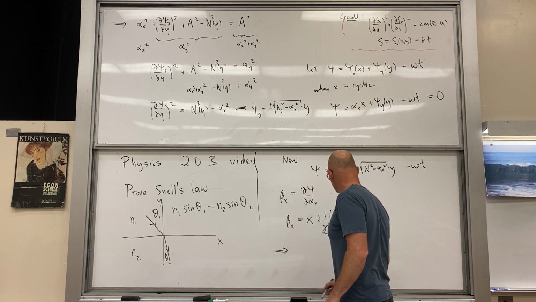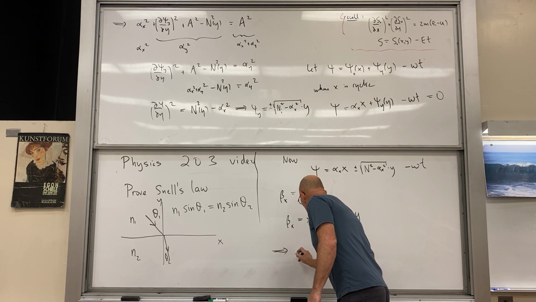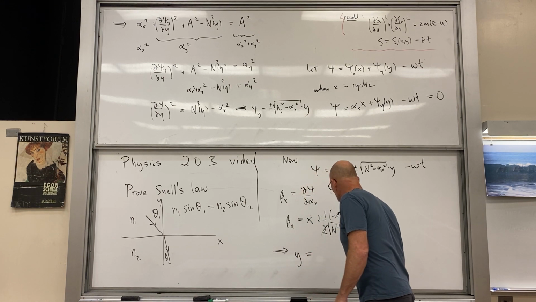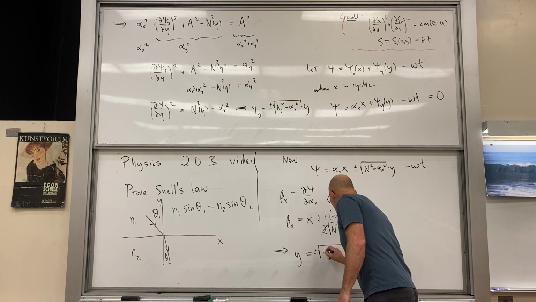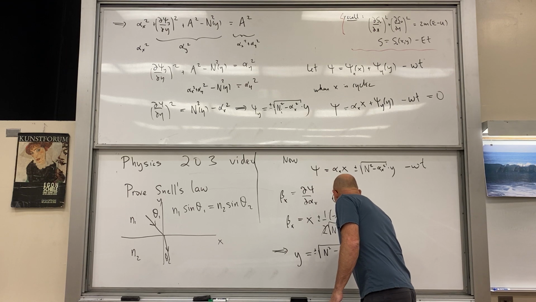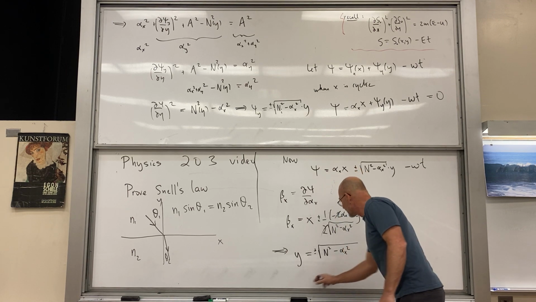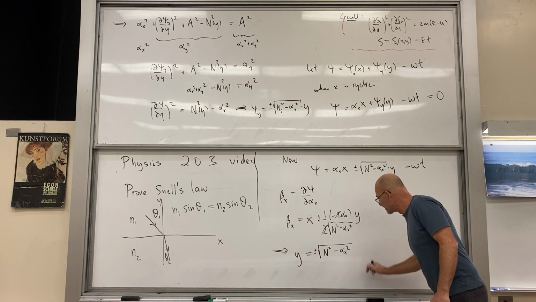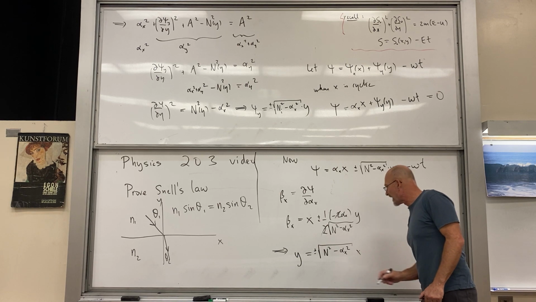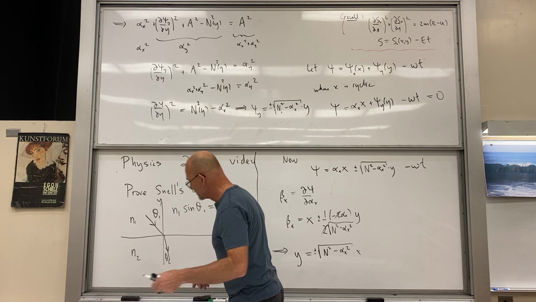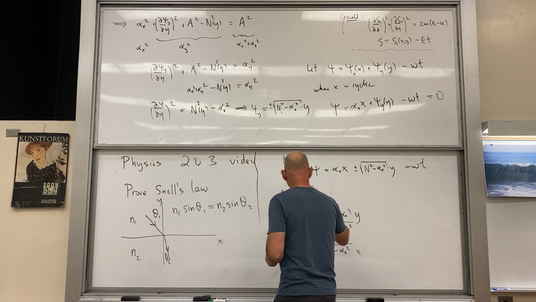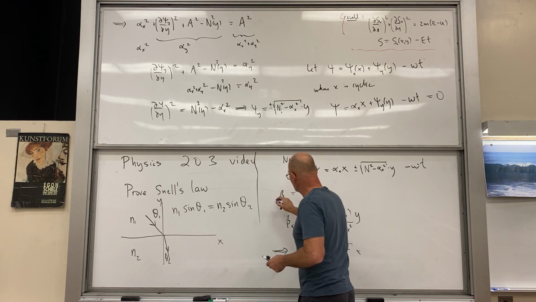I'll put a little note about that in a moment. So we're going to get y equals plus or minus the square root of n squared minus alpha sub x squared, times x. And our note is that beta sub x is a constant, right?